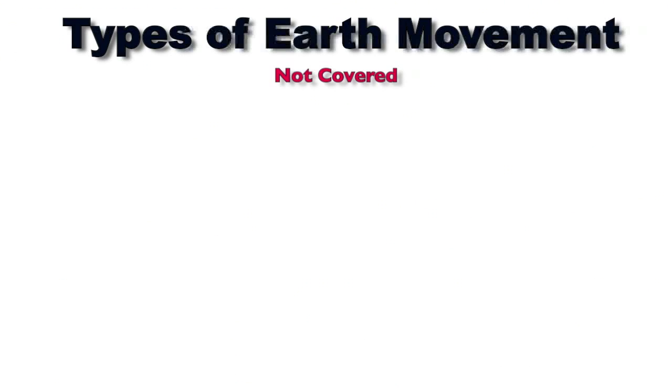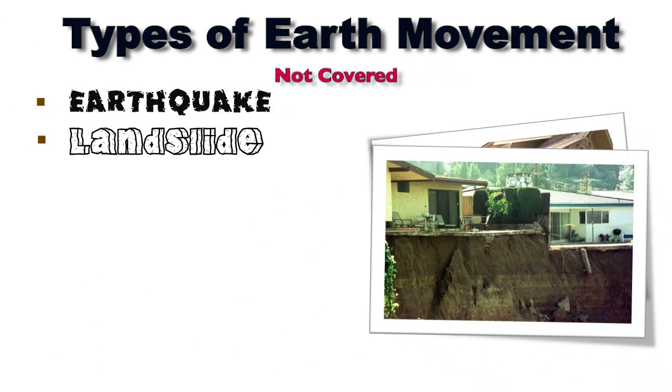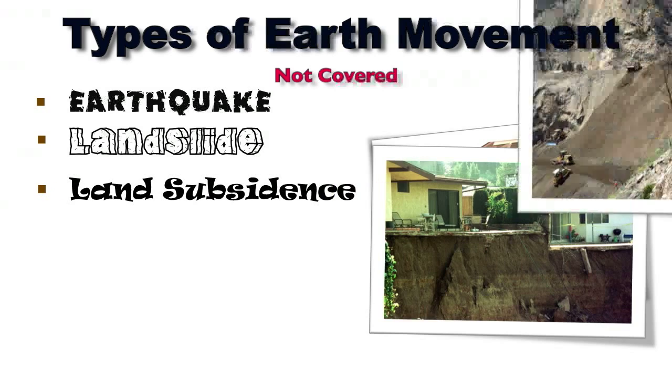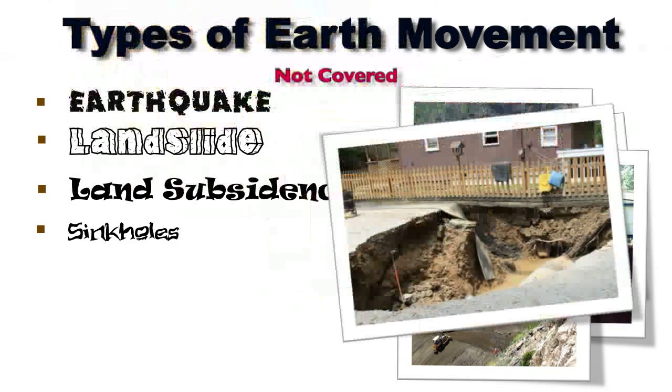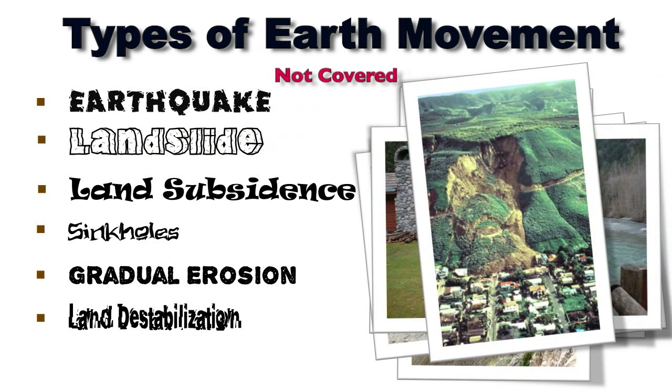We cover mud flow, but the definition of mud flow goes on to talk about types of earth movement we do not cover, such as earthquake, landslide, land subsidence, sinkholes, gradual erosion. And we don't cover destabilization or movement of land that results from accumulation of water in the subsurface land area.